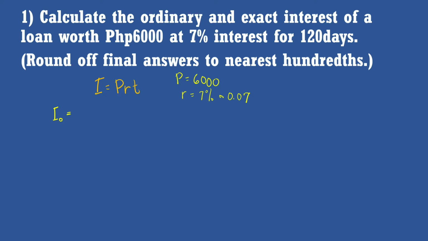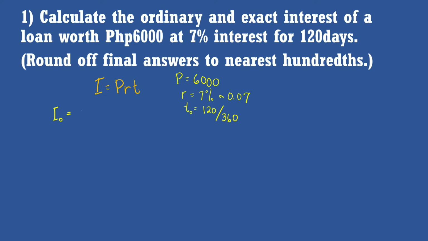Whenever we are asked for the ordinary interest, our time would be divided by 360. Let's say T sub O is the time to be used for ordinary interest.